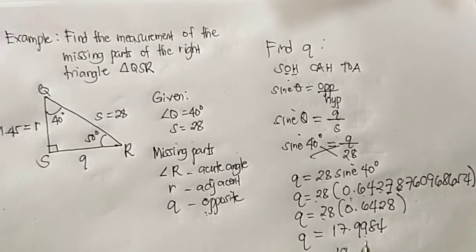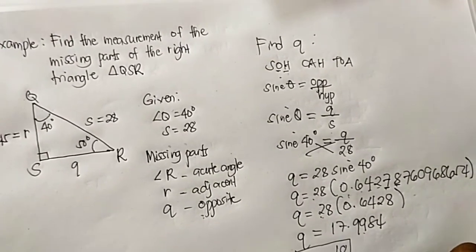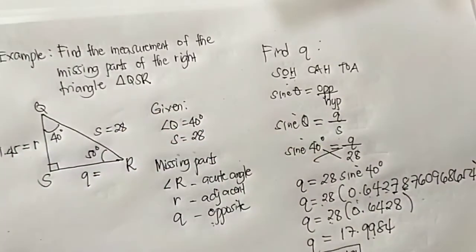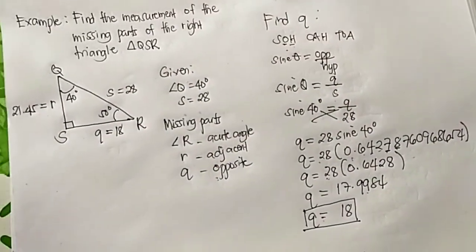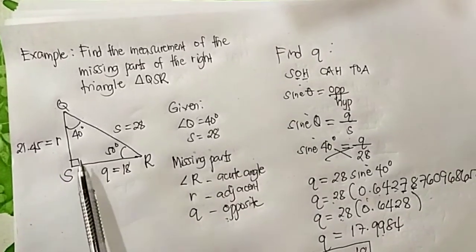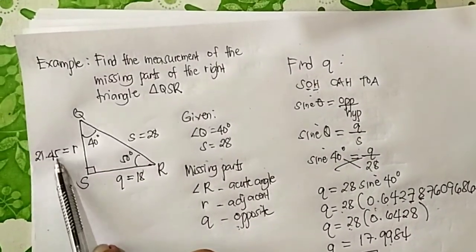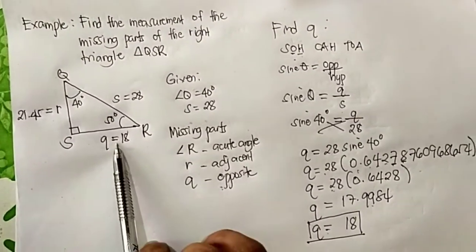So the measure of the missing side, which is Q, equals 18. So we are now complete in finding the missing parts of a right triangle. So the missing parts are angle R, which is equal to 50 degrees, side R, which is 21.45, and Q, which is equal to 18.